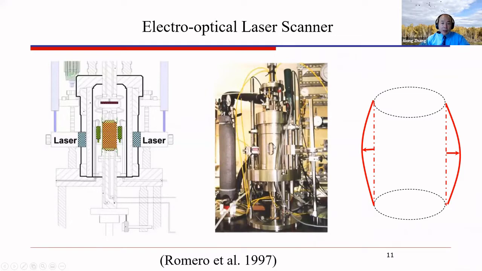And then they opened two windows, and then you use a laser to scan both sides of the soil specimen. In this way, you can get the profile of the soil specimen along the two opposite sides. In this way, we can get the lateral strain. You can also measure the vertical strain. From there, you can get the volume change.